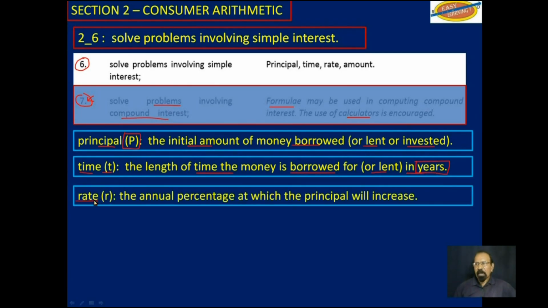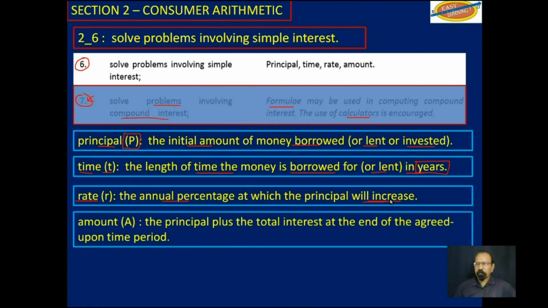R is the annual percentage rate at which the principal will increase. And amount, uppercase A, is the principal plus the total interest at the end of the agreed upon time period.